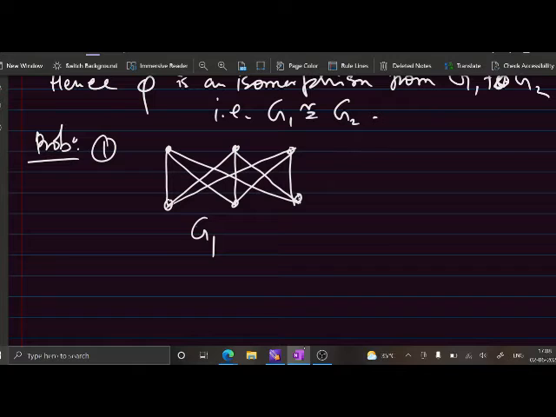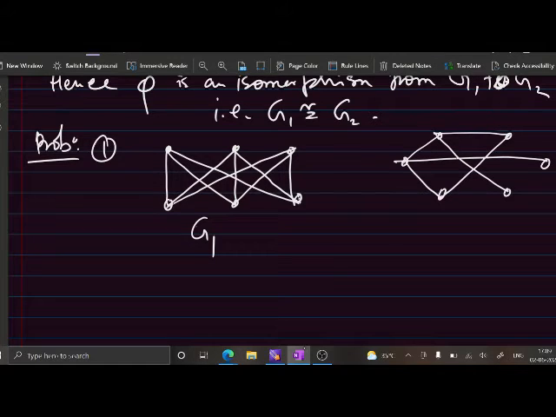So we consider this graph, and here you have another graph. Okay. So check whether these two graphs are isomorphic.